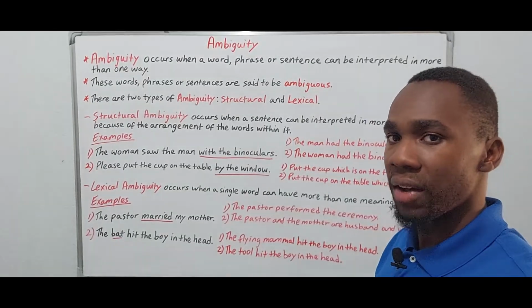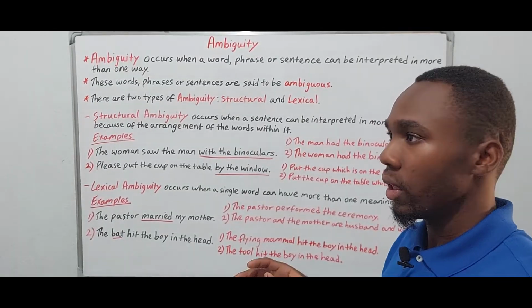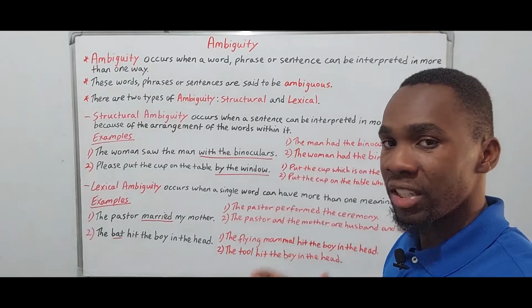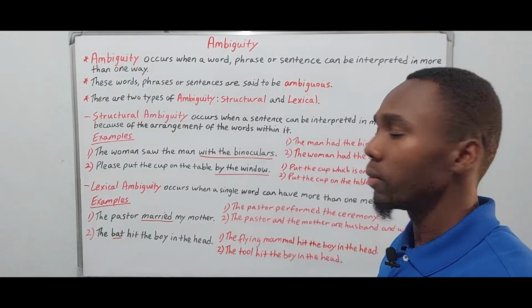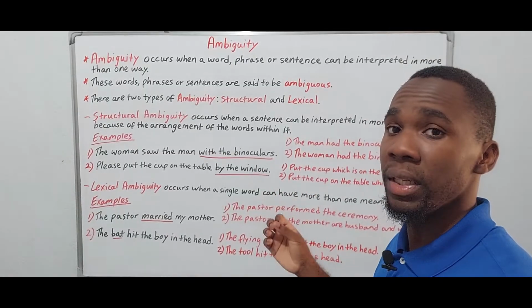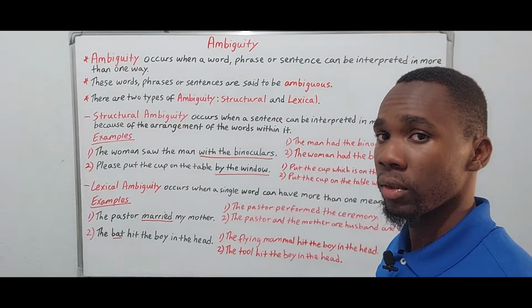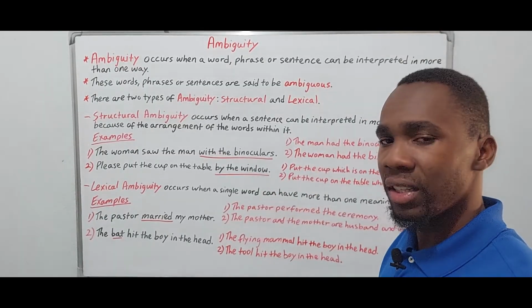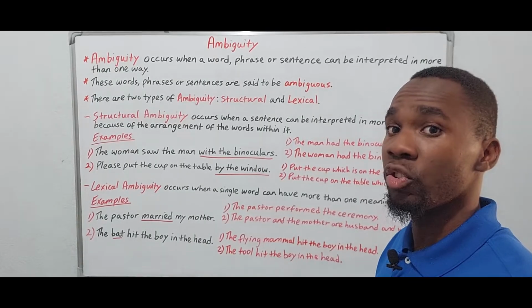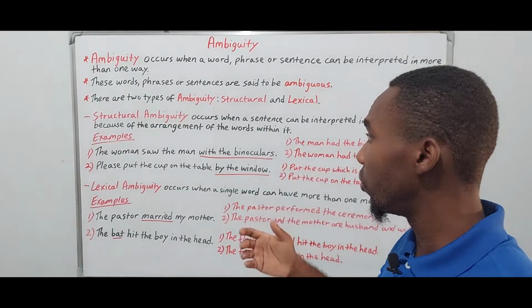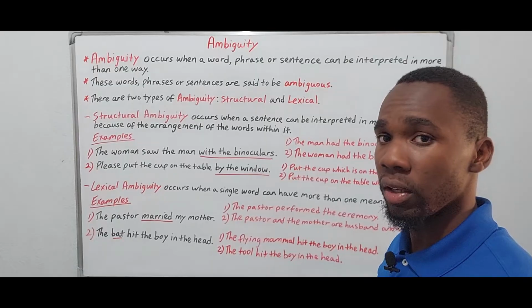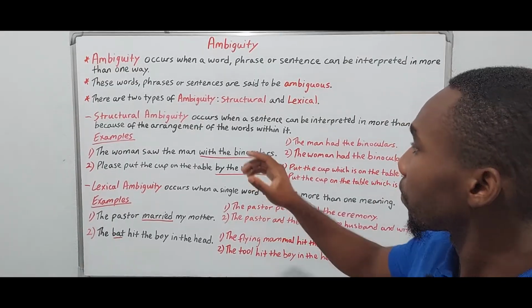Right. So we will have a sentence and due to the arrangement of the words, the sentence will be ambiguous. Right? So usually there's a phrase within the sentence that is the source of the ambiguity, which we're going to see shortly with the examples.